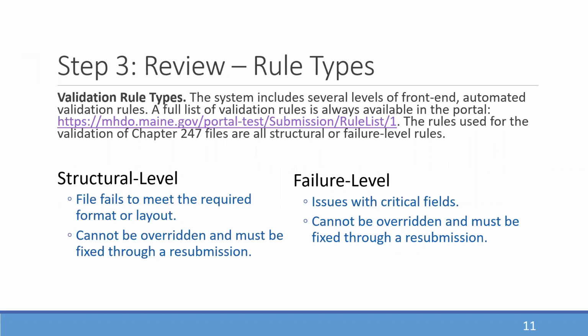There are several different types of rules that we have within the system. For these new file types for Chapter 247, we're only making use of structural and failure level rules. And that means that those issues that are brought up can only be resolved on your end and then resolved through a resubmission.